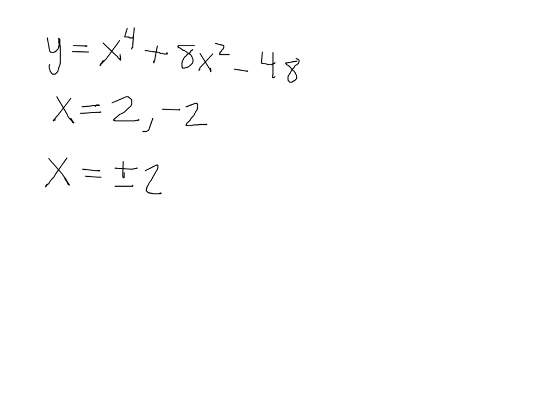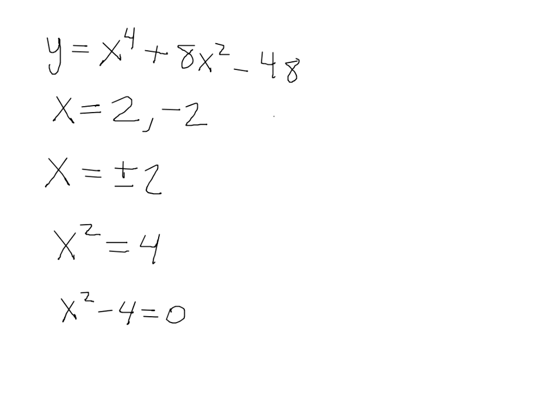Now how would we have gotten x equals plus or minus 2? We would have taken x squared equals 4. So if we have the factors plus 2 and minus 2, we have x squared minus 4 as a factor.